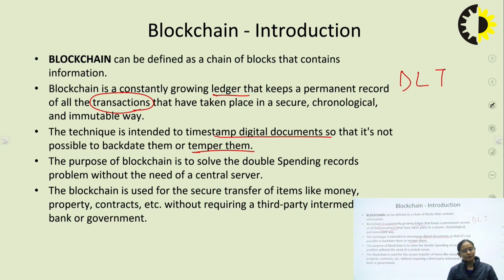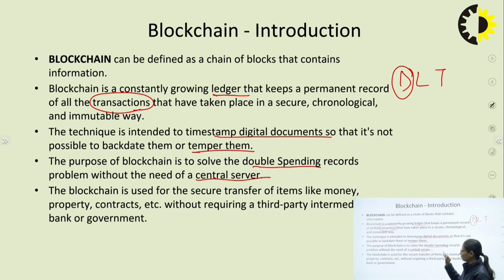Another important purpose of the blockchain is to solve the double spending problem without the need of a central server. As we are aware that the blockchain works in a distributed environment, there is no central server involved in blockchain technology. Now, what is the double spending problem?